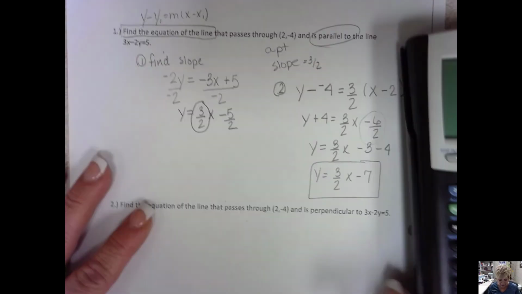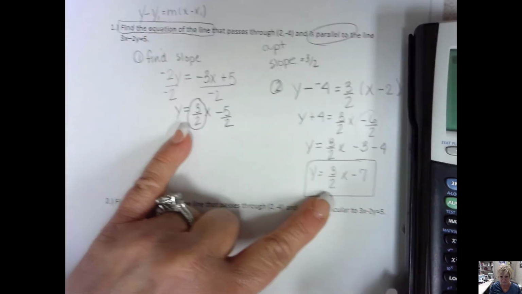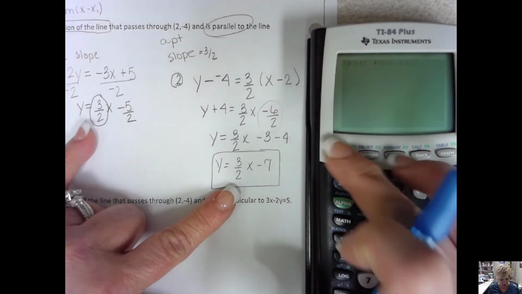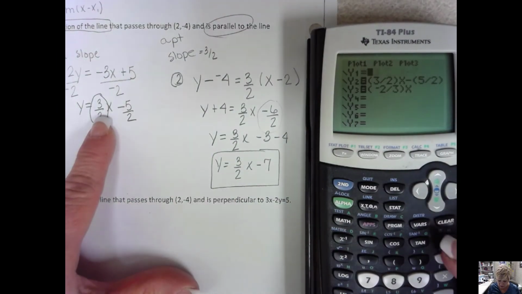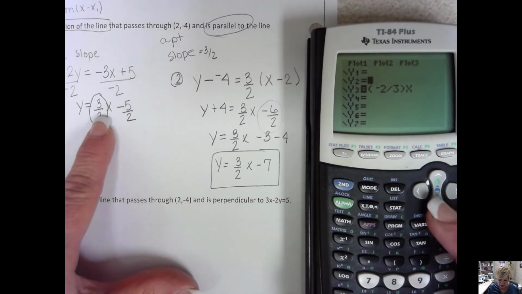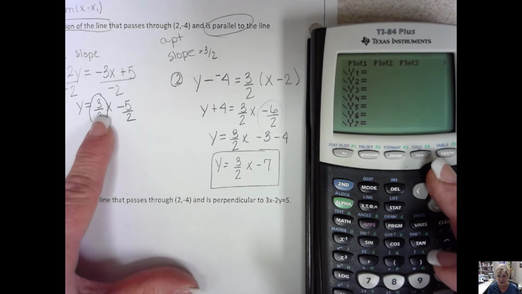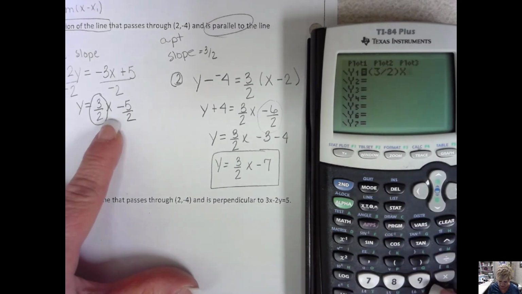If you want to make a picture in your mind of what we're doing, let's graph our first line. Remember, you have to put anything that's in fraction form in parentheses because your graph is only going to be as good as the person who put it in. 3 divided by 2, x minus 5 divided by 2.